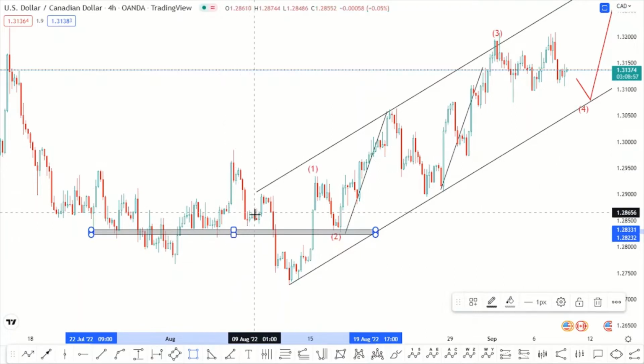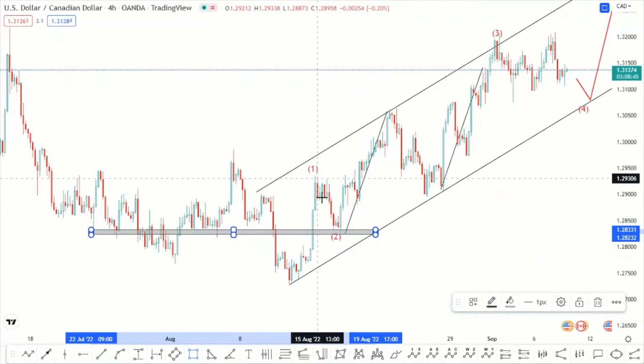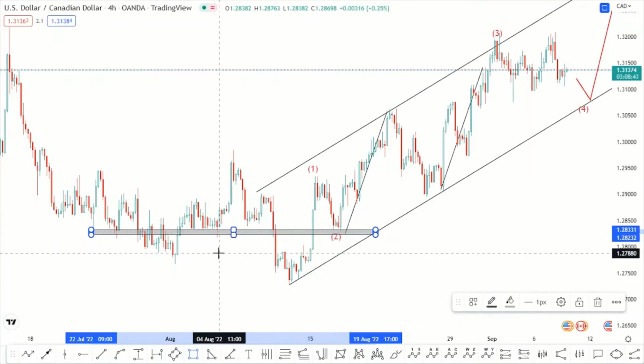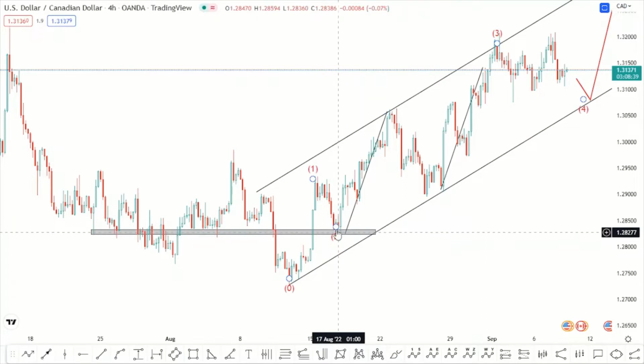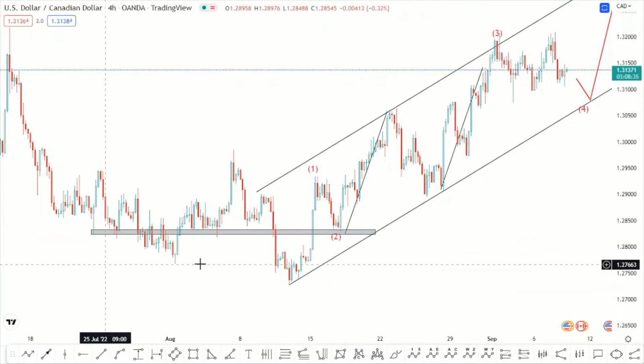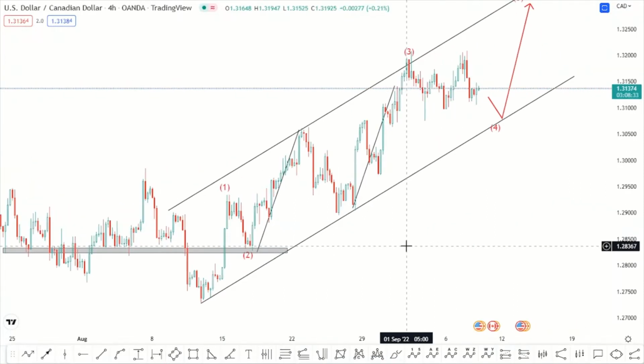And next time when we approach them, as you can see, we see a little bit of price rejecting off of this support, and then when we come back again, we say the same thing. So this is how we would have aligned this wave 2 with the support and the Fibonacci on top of that.